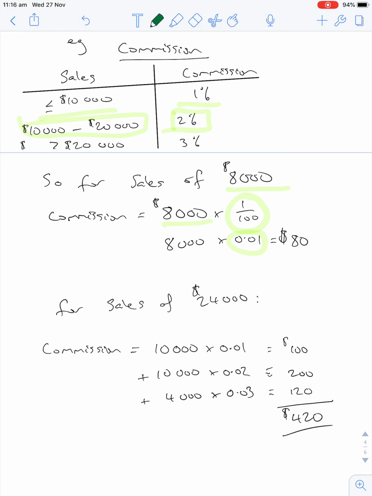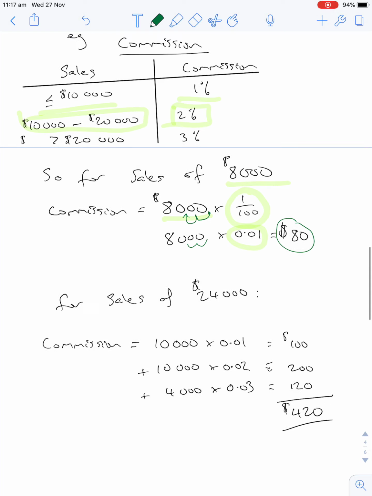To find 10% of any number, you move the decimal one place. If there's no decimal, it's at the end, because there are 10 lots of 10% in any number. But to find 1%, there are 100 lots of 1% in any number, so I'm dividing by 100, so I'm moving my decimal 2 places. So in this case, even mentally, I could see that my answer for that 1% would be $80. I've just moved that decimal 2 spots along to find that, and do make sure you can do that.